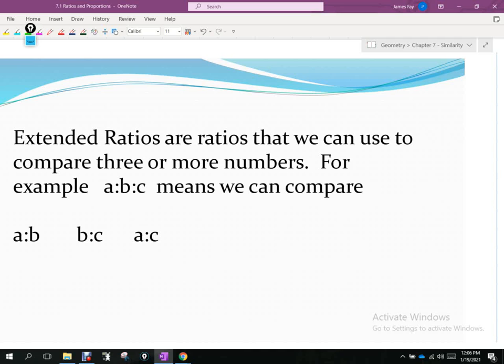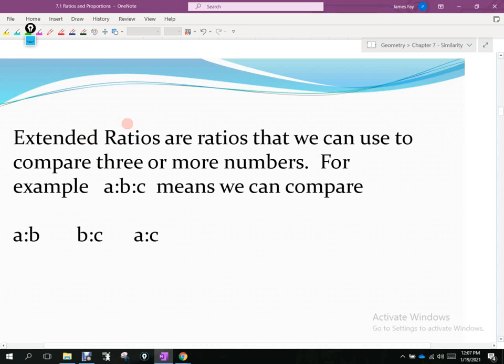So when I have 3 things that I want to compare, A to B to C is how I'd read that. Basically what we're doing is saying that not only are you going to compare A to B, like we have here, but you can also compare A to C, and then you compare B to C. And what that does is that creates all 3 possible comparisons in that order.